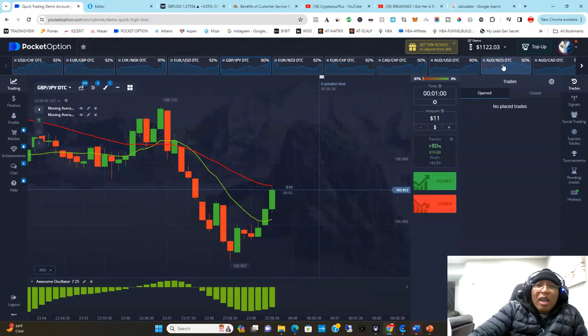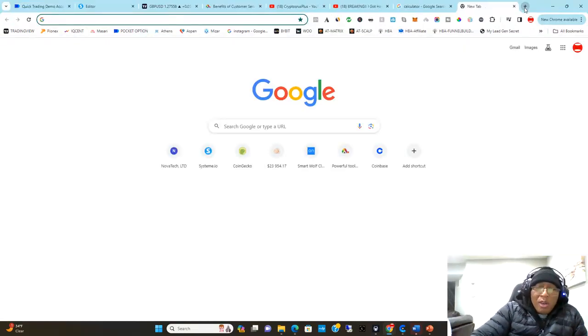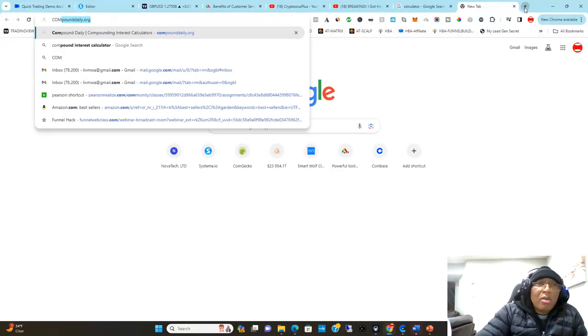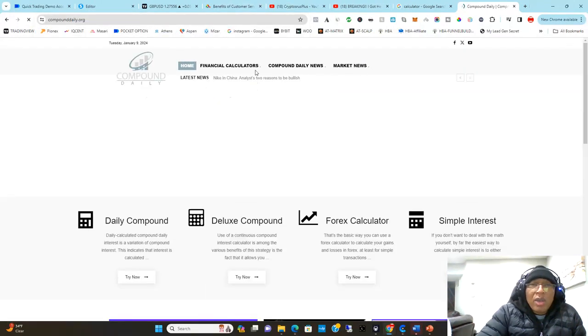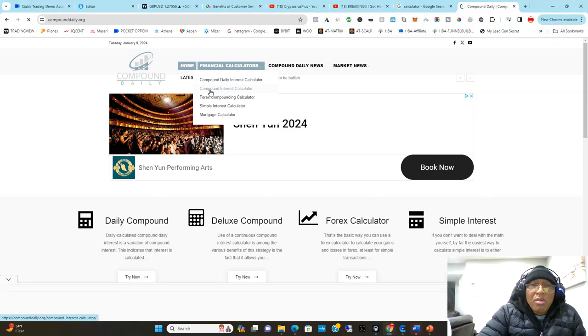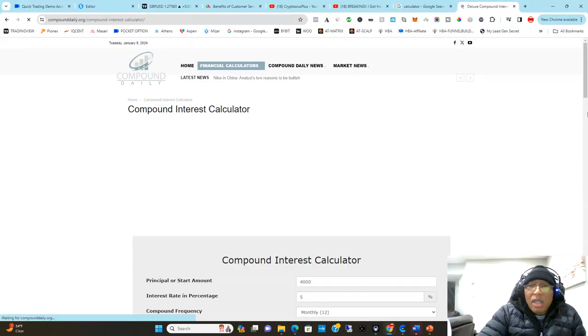That is a big and very ambitious goal. So maybe we should bring up the compound daily calculator. Here it is, and we are going to use the compound interest calculator. This is the one here.